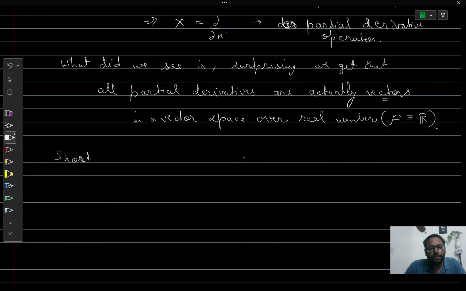So we can use a shorthand notation for partial derivatives. We will see that this is given by this when this is taken as upper indices and this is taken as this when the indices are 0.